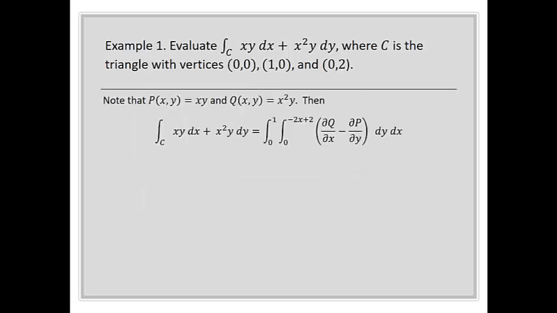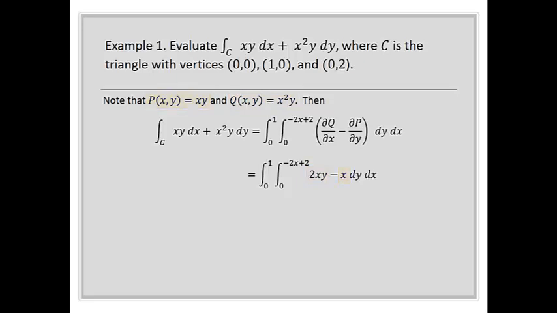So here is our double integral. Notice that the partial derivative of q with respect to x is 2xy, minus the partial derivative of p with respect to y, which is x.